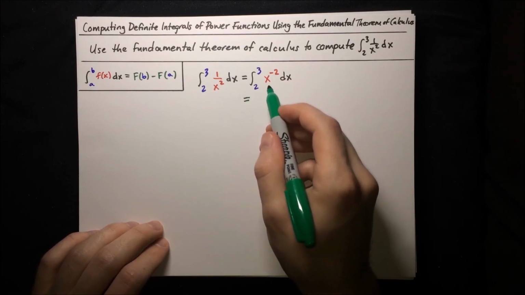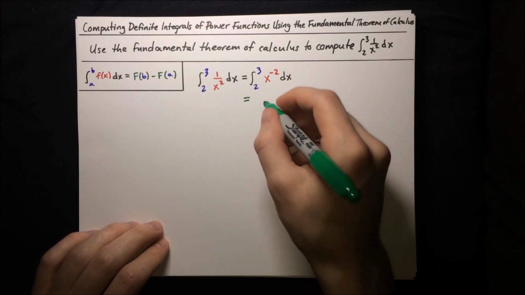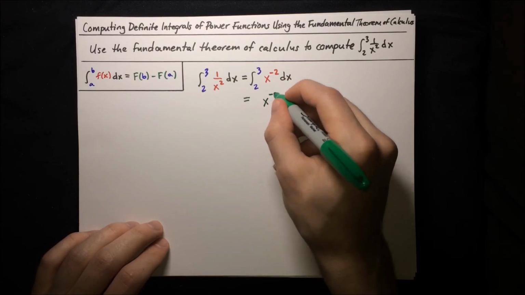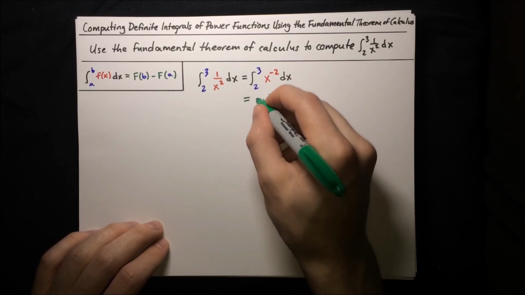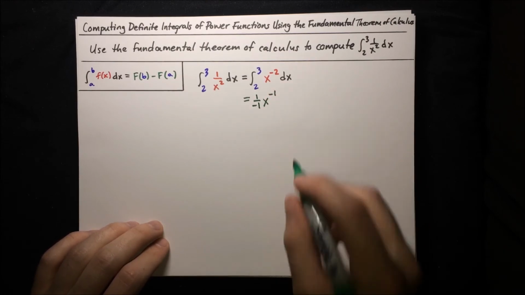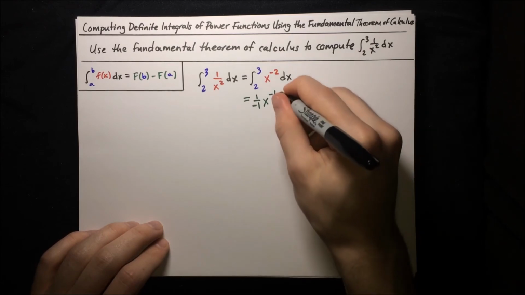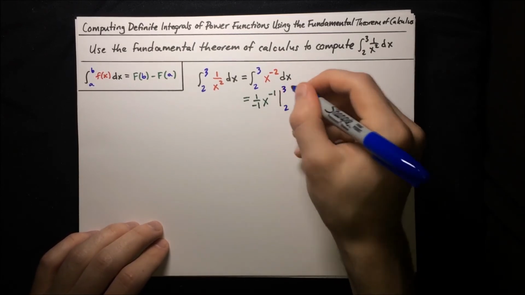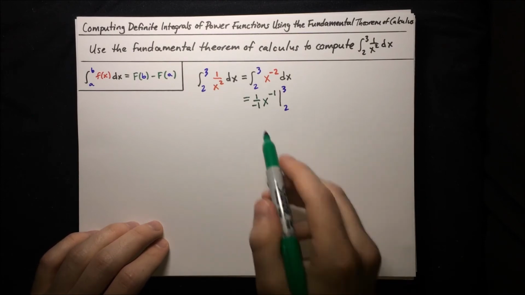antiderivative of this. We just have to increase the exponent by 1, so x to the negative 2 plus 1 makes just negative 1, and then multiply by the reciprocal, so 1 over negative 1, and that's evaluated at the bounds 2 and 3. So now we just have to go ahead and plug those in.